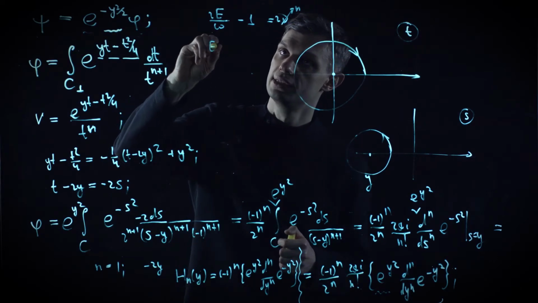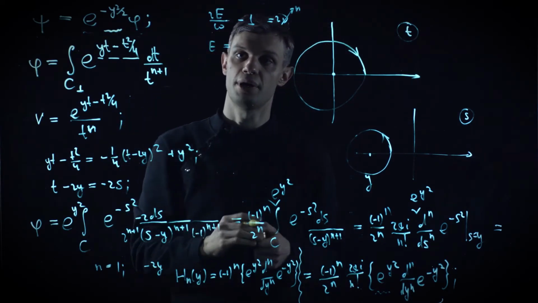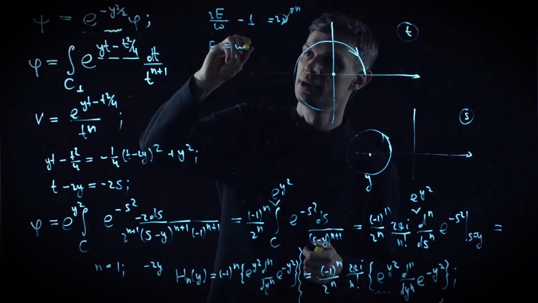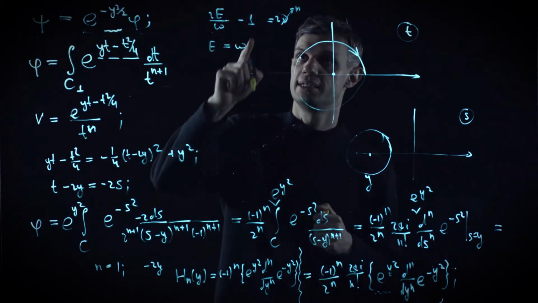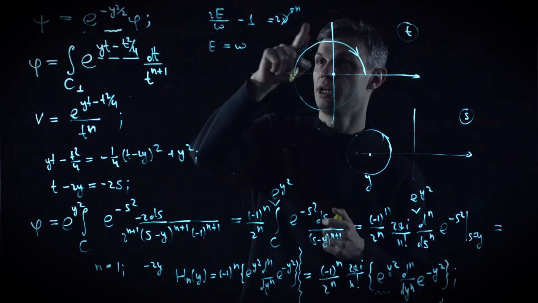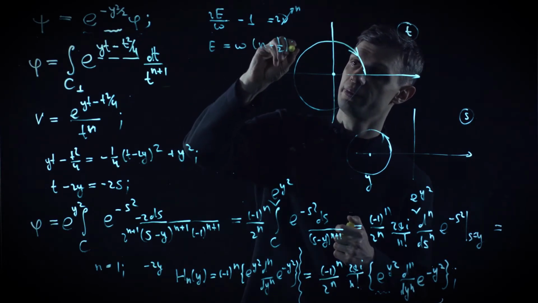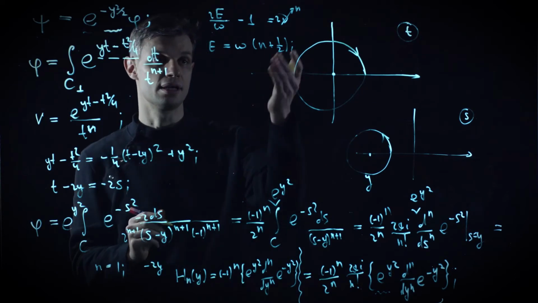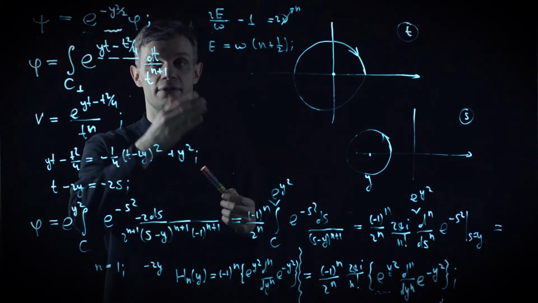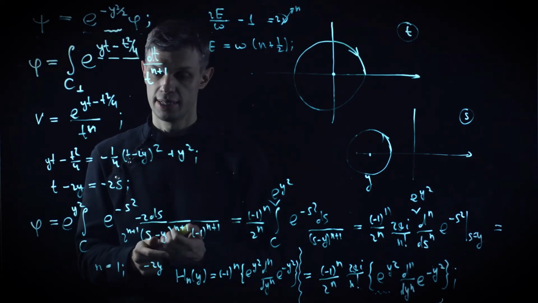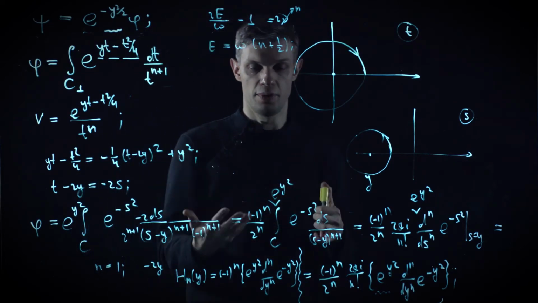And as a result, our energy has become omega times 2n plus 1 divided by 2. So it's n plus 1/2. And everyone obviously recognizes the quantization of the energy levels of the harmonic oscillator. So this is how the whole procedure worked.